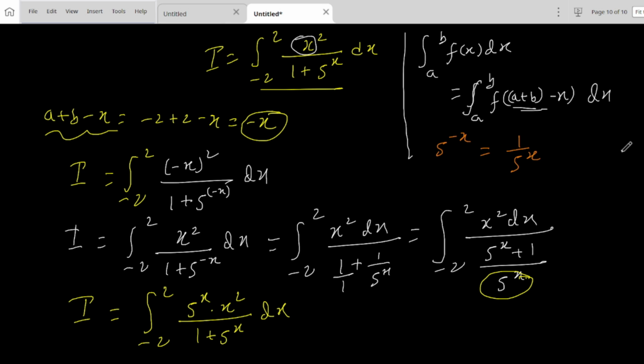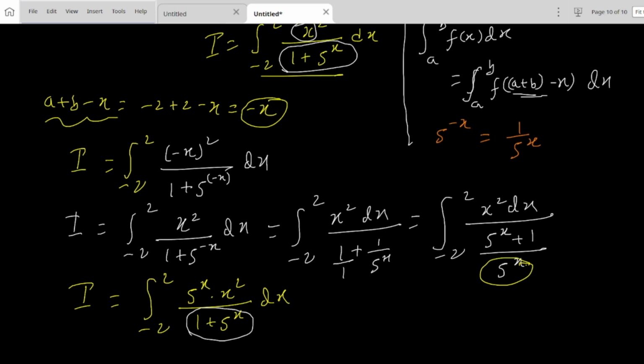Now we observe that the denominator of my question and the denominator after simplification have the same value. Sometimes it happens that the denominators are the same and when we add them, we get the final result.